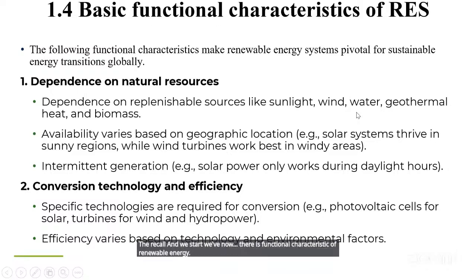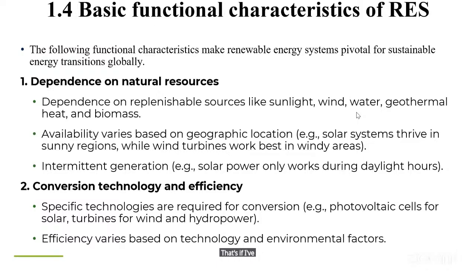The first one is dependence on natural resources. We have seen, for instance, that to produce energy from solar or wind, we need solar, we need wind, we need water for hydropower, and we need hot water heat from geothermal. That's the first characteristic of renewable sources of energy.